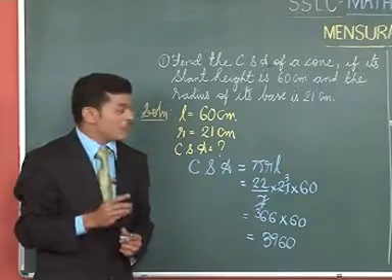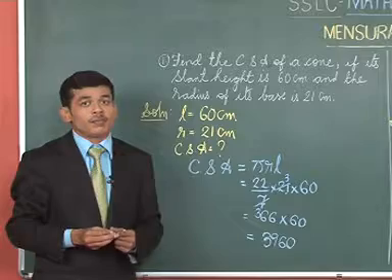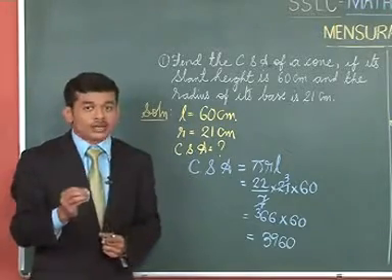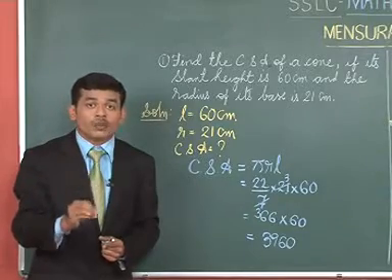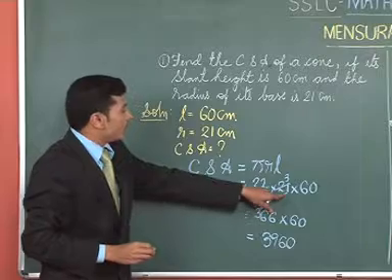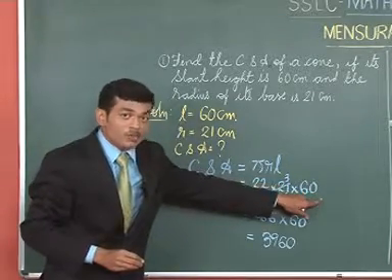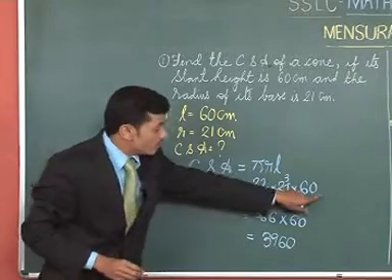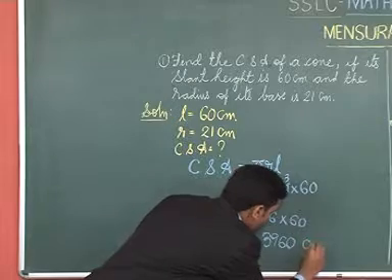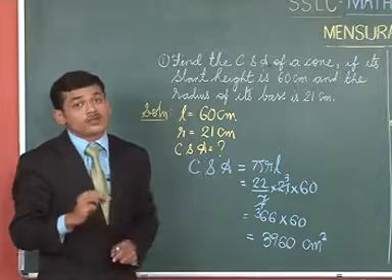No. If you write only this much, you are sure to lose half a mark or maybe 1 mark in your exam. When you are asked to calculate something, the numbers should be followed by the proper unit. Here we have multiplied 21 centimeter with 60 centimeter. So, centimeter into centimeter should give you square centimeter or centimeter square.